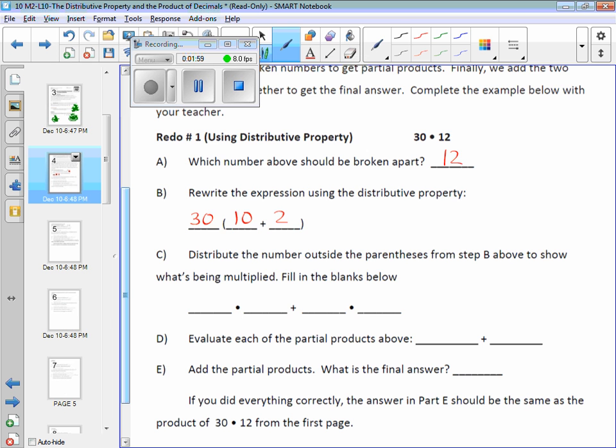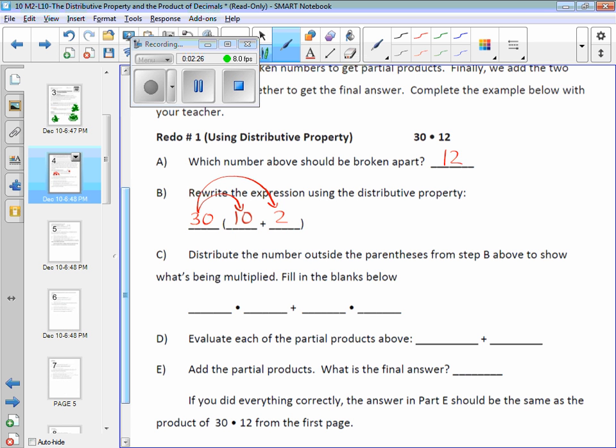Okay. When you see a number outside the parentheses, it's telling you to multiply with each number inside the parentheses. So I like to draw arrows to show you how each number inside the parentheses is going to get multiplied. So we have a 30 times 10, and then a 30 times 2, which will be my second arrow.